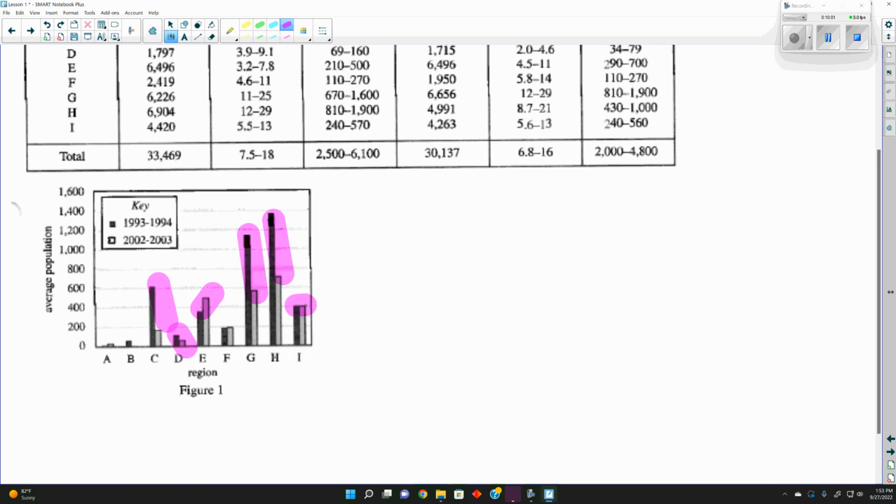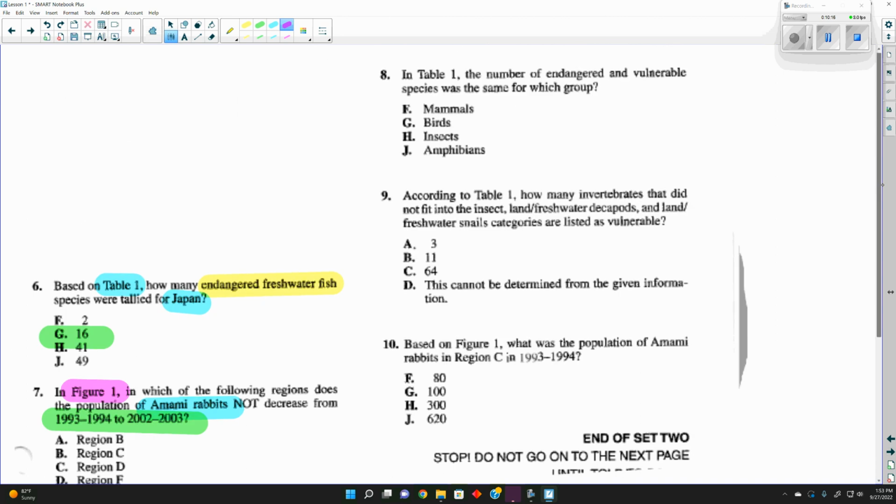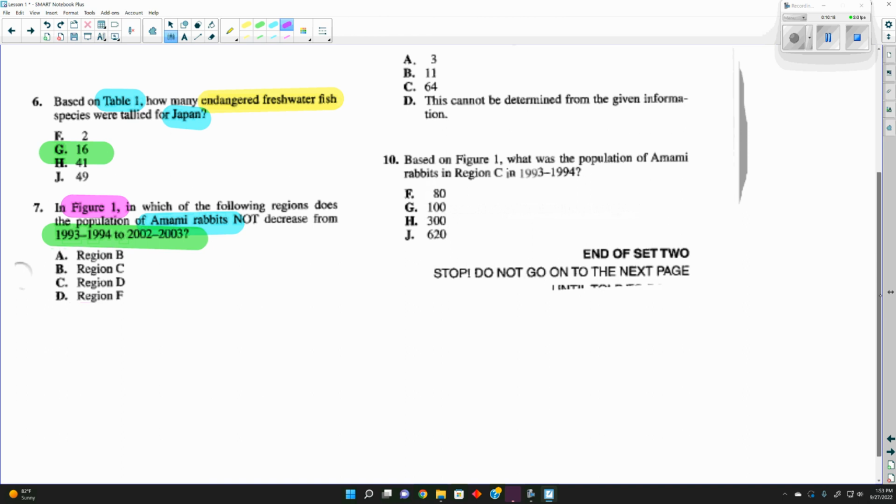So out of all of our answer choices, well, we have B, C, D, and F. So the only one that actually increases out of our choices is, because if E was there, that would be one where it increased, but E wasn't one of our choices. Questions on this here?